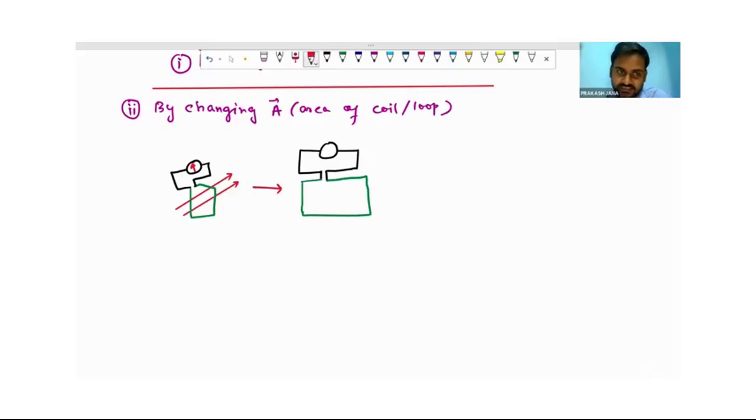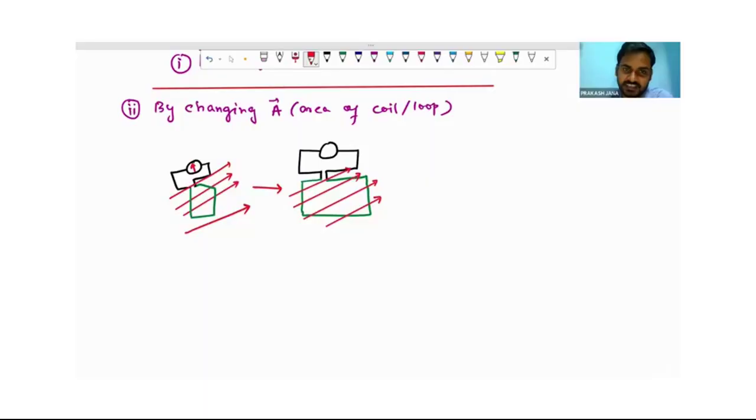Here there are also magnetic field lines that are not associated with the coil. So I will draw the same magnetic field lines here as well, four lines again.